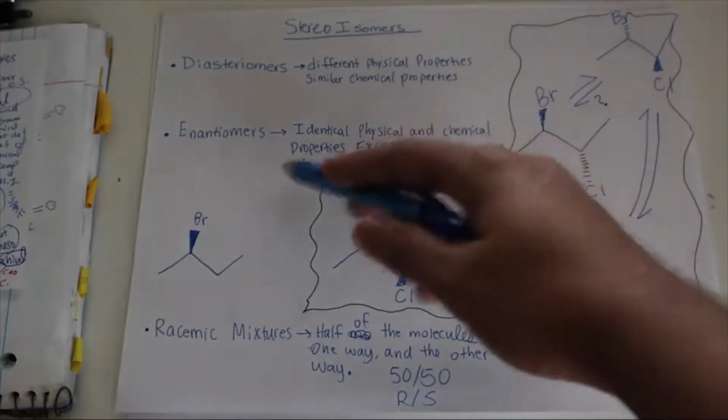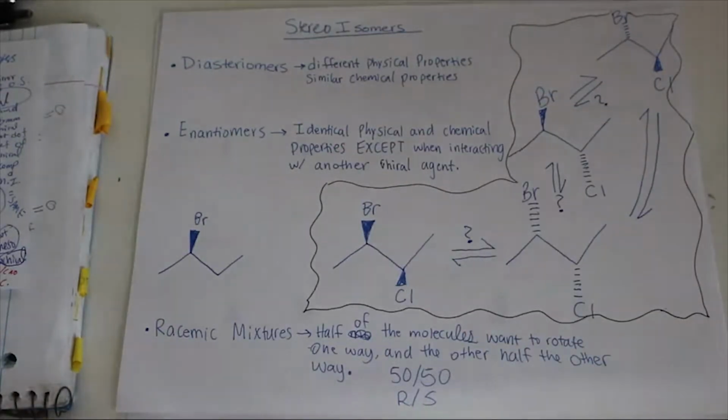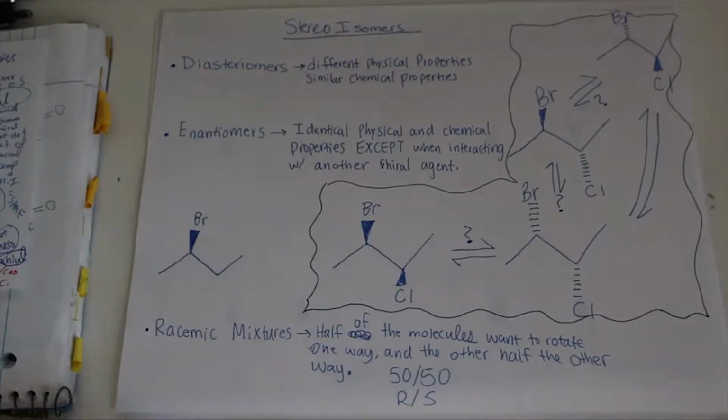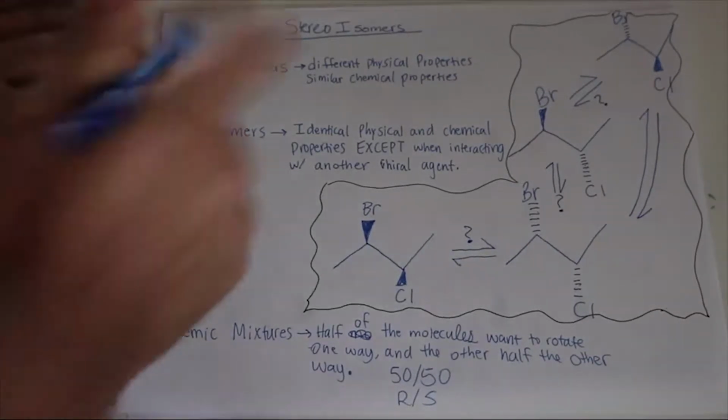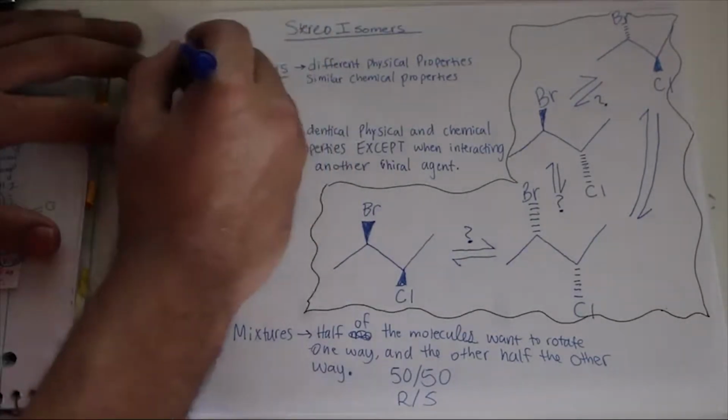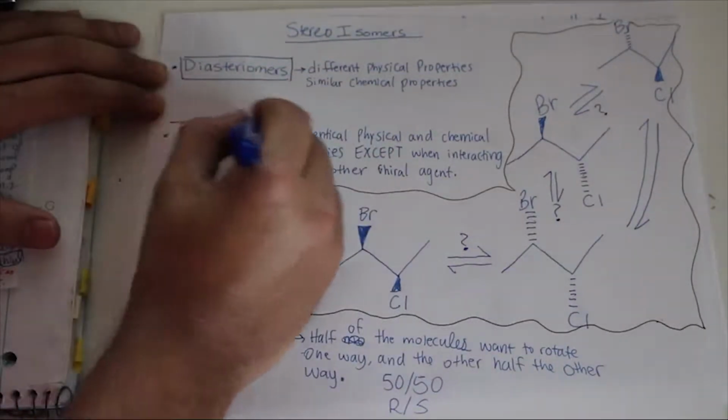And the second one we have are enantiomers. Now the thing about enantiomers is that they have identical physical properties and chemical properties, except when they interact with molecules with other chiral agents. So the two things that y'all want to take from here are diastereomers and enantiomers. Okay.